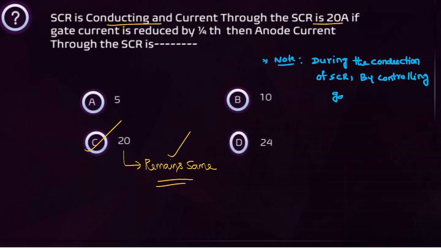That is, we can reduce the gate current or increase the gate current, the anode current remains the same. We cannot control the anode current. This observation is something you have to concentrate on.